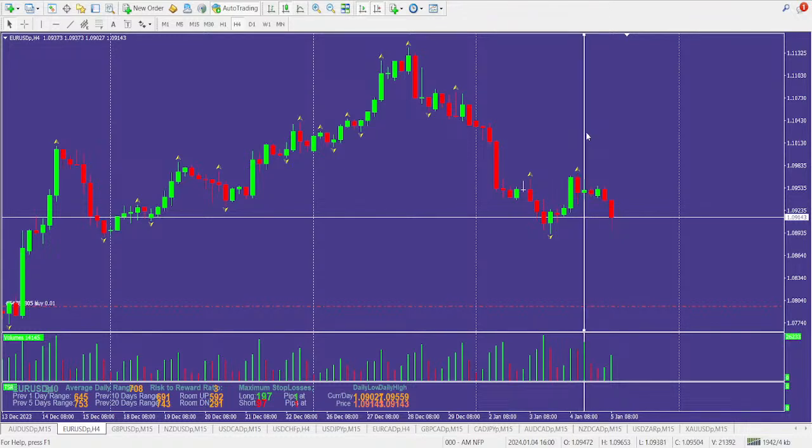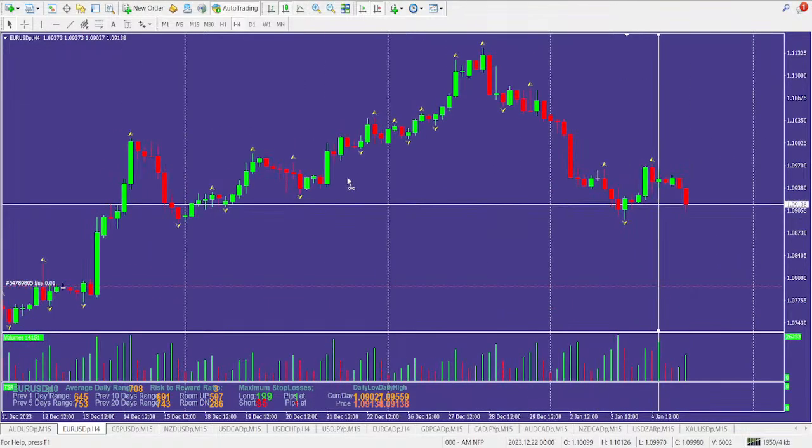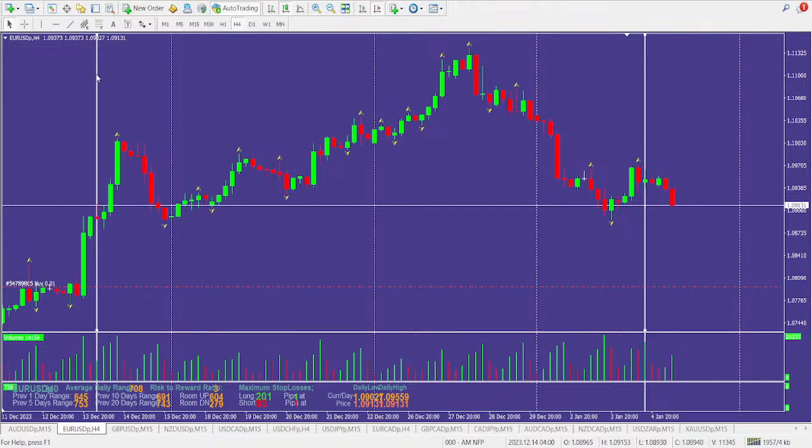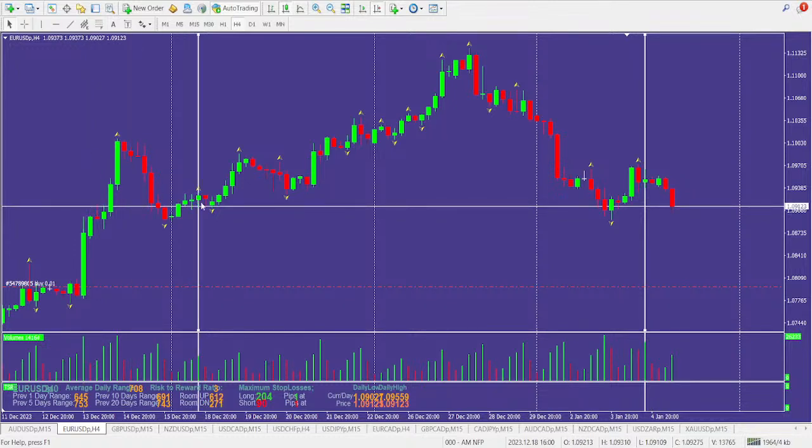So we've got a potential level over here, possible supply level, and then in terms of demand, since we're on the 4-hour time frame here, we'll be looking at demand will potentially be somewhere here on December 13.